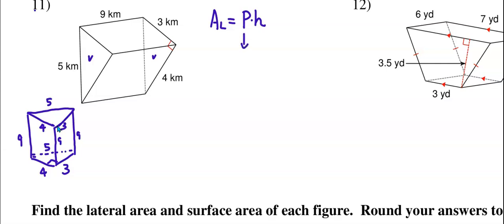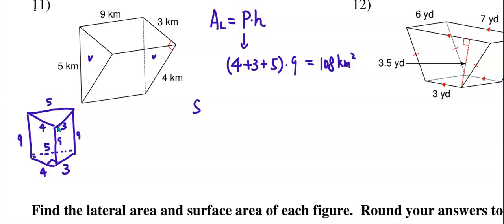You can say the perimeter is 3, 4, and 5, except I wrote down 4, 3, 5. No problem. You know the commutative property of addition, switch the order, it does not matter, as long as you add first, then you multiply. And we have 108. Oh, that's square kilometers.